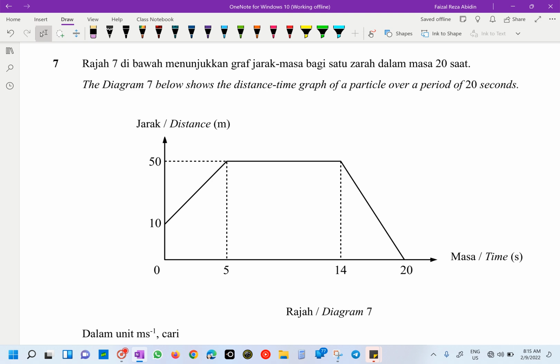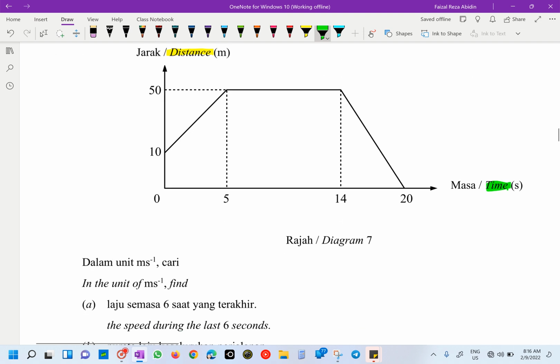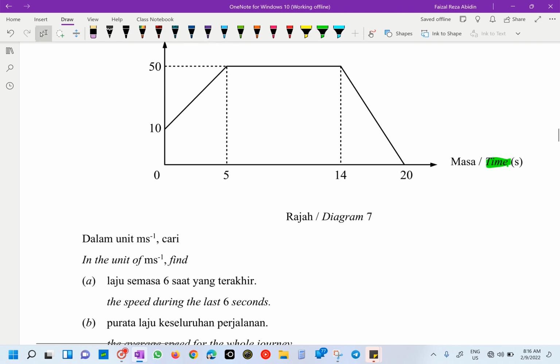Okay, the diagram 7 below shows the distance-time graph of a particle over a period of 20 seconds. So you have distance and time, which is distance in meters and time in seconds. Okay, the question says find the speed during. First thing, you have to look at the unit here.